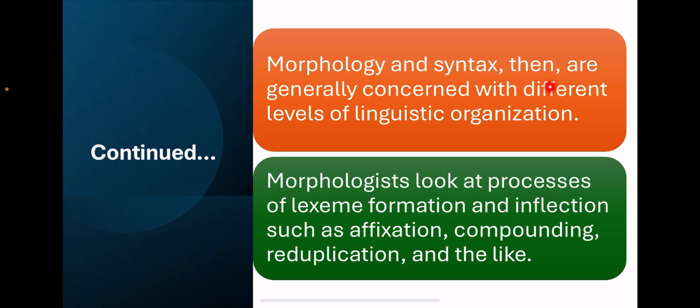Morphology and syntax are generally concerned with different levels of linguistic organization, because morphology organizes the structure of words. Different morphemes together form words, while in syntax, different words are combined to make phrases and sentences. So morphologists look at processes of lexeme formation, how new words are formed, and inflections such as affixation, compounding, reduplication, and the like.